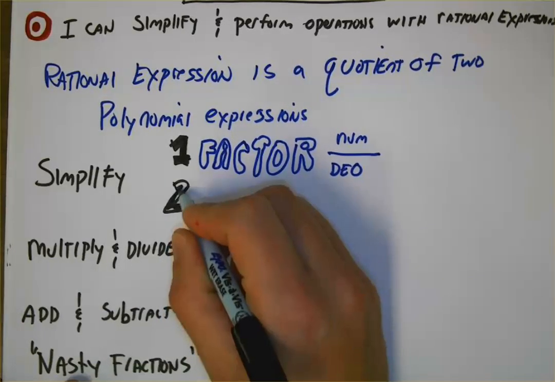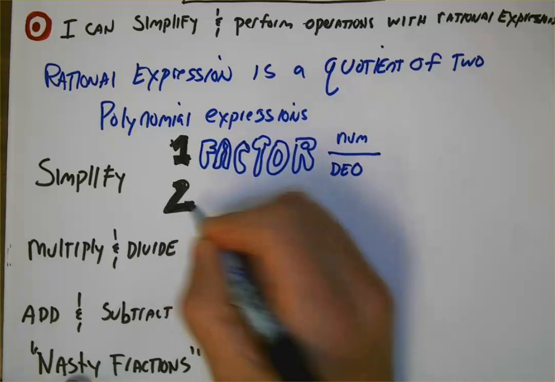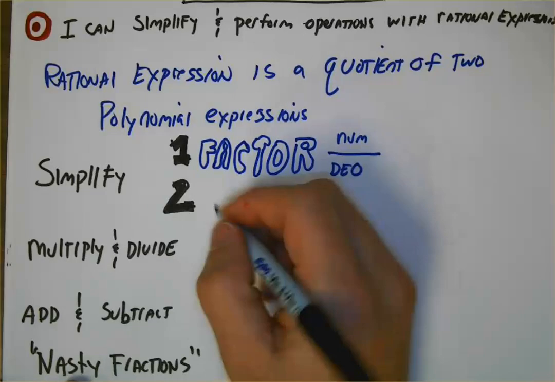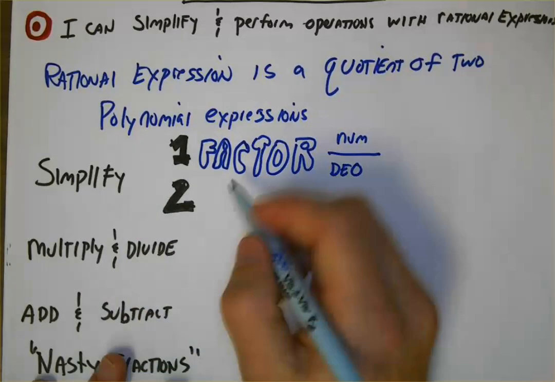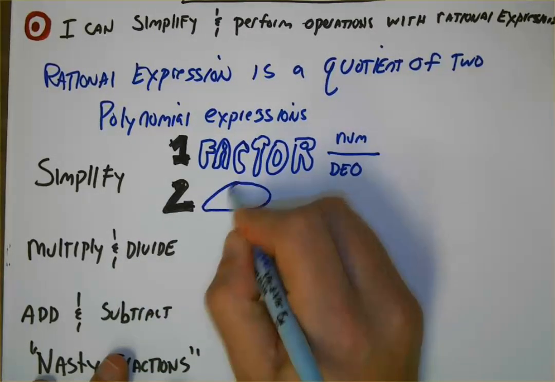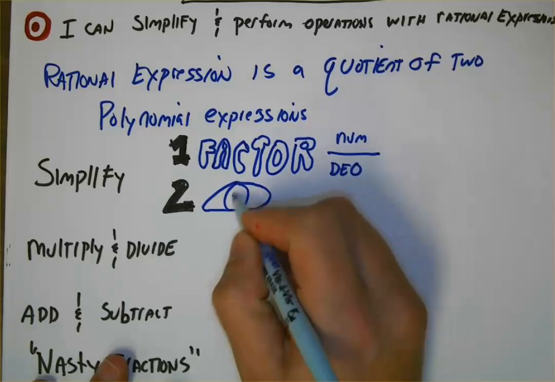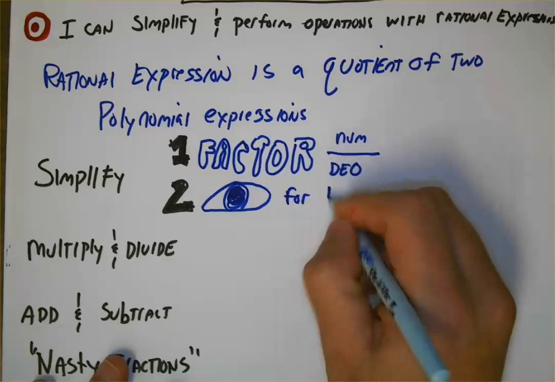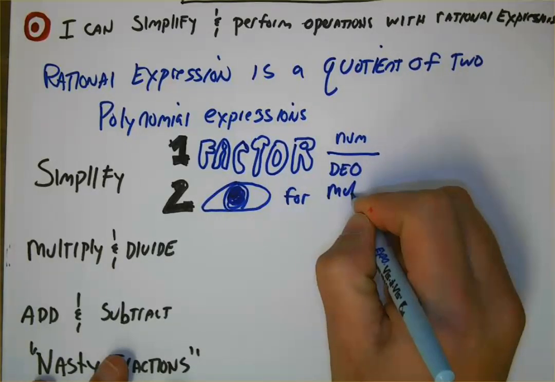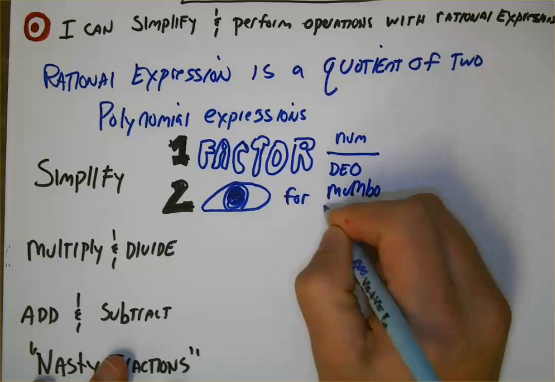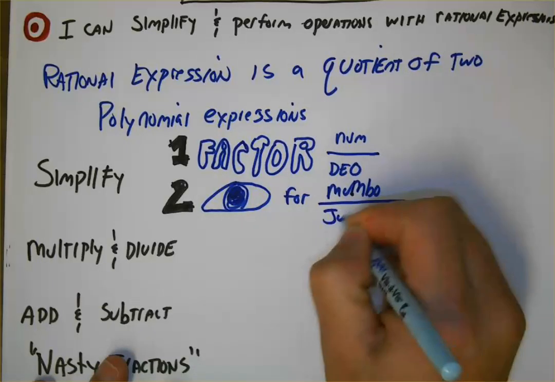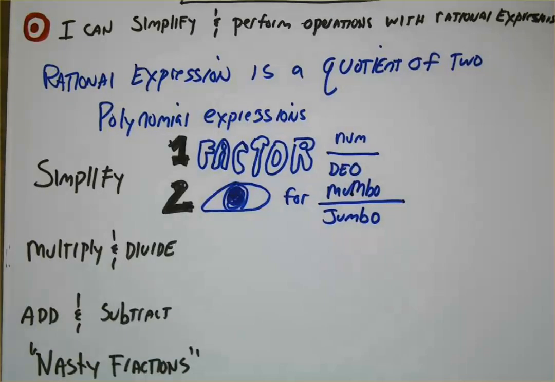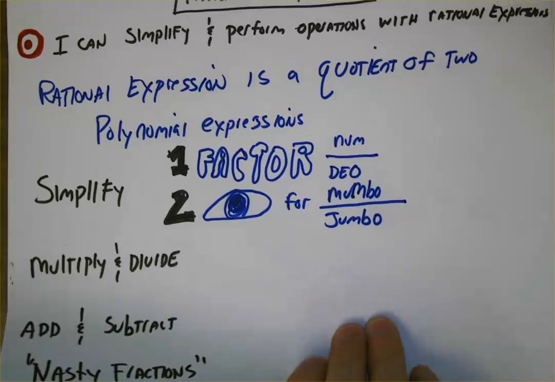Step two is look for mumbo jumbo. That's how you do it. Step one, you factor the numerator and denominator. Step two, you look for mumbo jumbo.